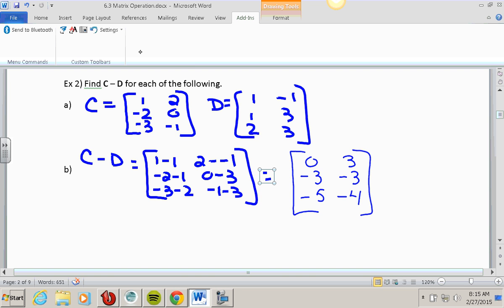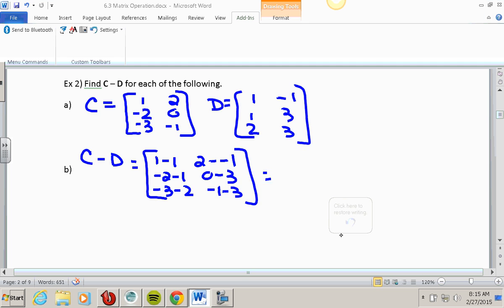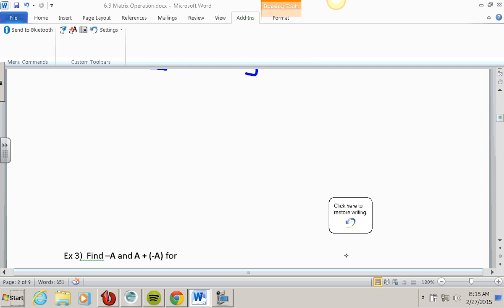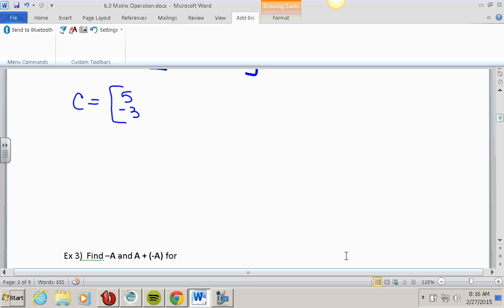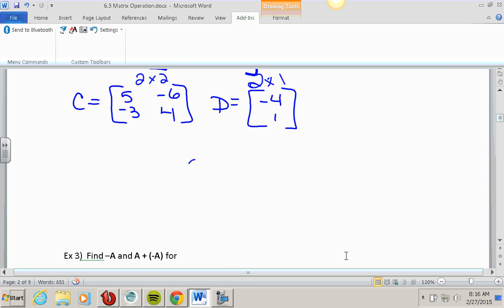So we'll try one more subtraction. Here's matrix D, and that's a 2 by 1. 2 by 2, 2 by 1. Okay? You can't actually subtract these because they don't have the same order.